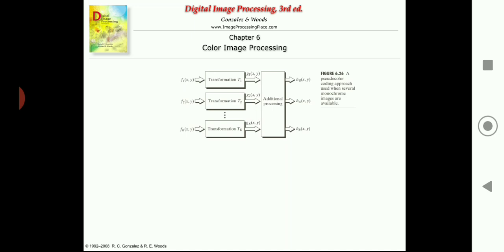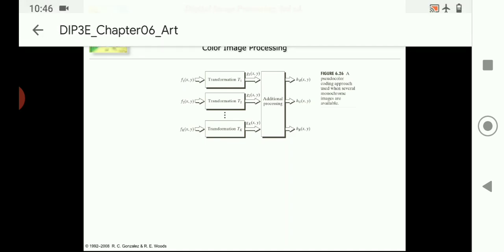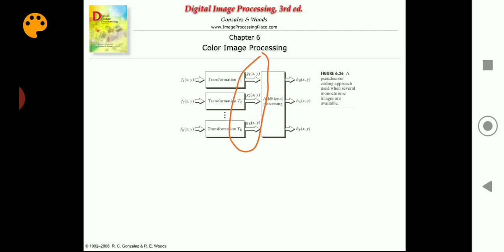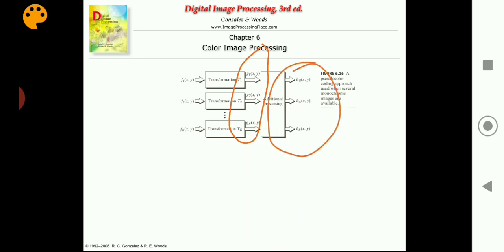If you observe here clearly, friends, you have f1 of x comma y, f2 of x comma y, and so on. Then you get their corresponding transformations g1, g2 and gk. Then you combine all those things using an additional processing unit, thereby finally giving you a new transformation.